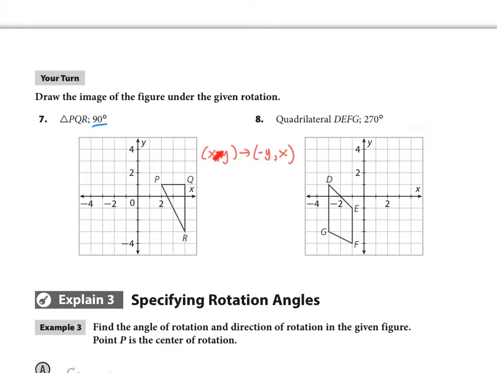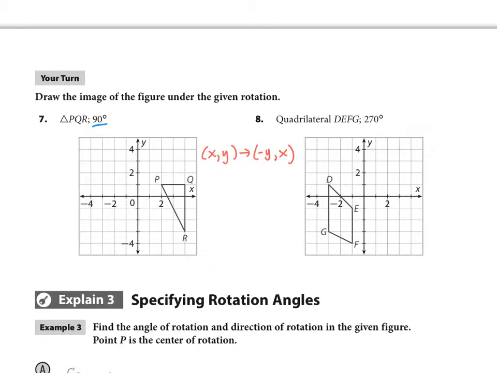So x and then y becomes negative y, then x. So these two have switched places, and then whatever y is, it changes the sign. That's what the negative means. So if y is 1, then negative y is negative 1. If y is negative 3, then this would be positive 3.